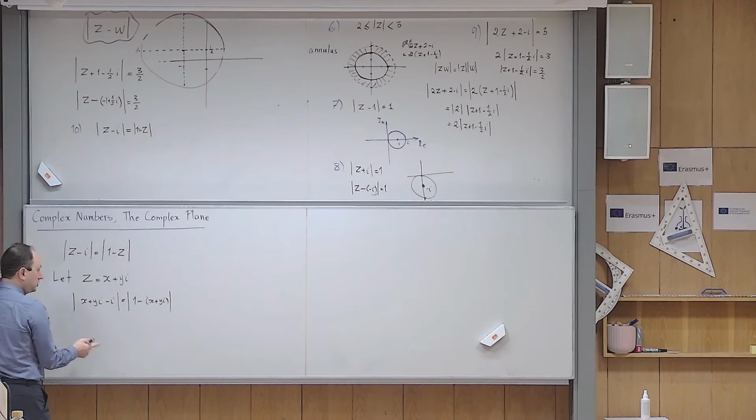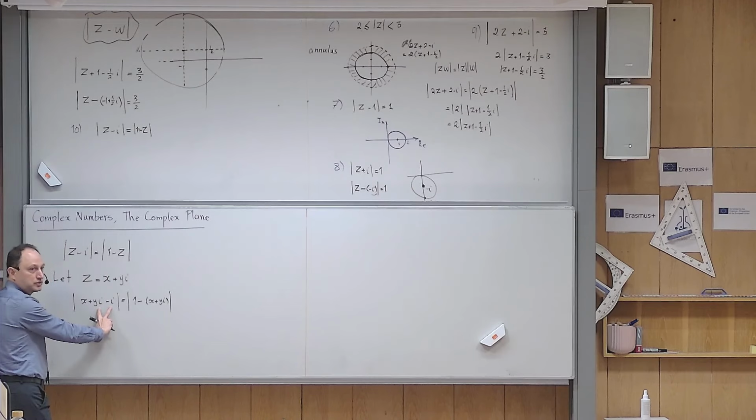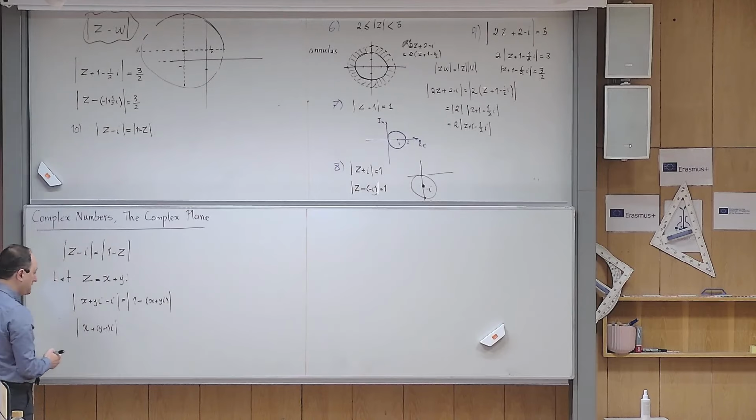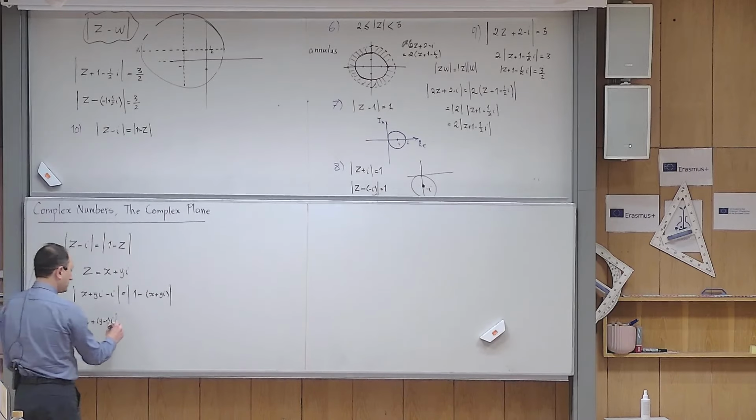I hope that you know, if you want to calculate absolute value of a complex number, that complex number should be written in a standard form. This is not still in a standard form because I see i in 2 places. So this should motivate you to write the real part, but you need to factor the i out. So now it is in a standard form. If I ask you what the real part is, you will tell me x, and what the imaginary part is, y minus 1. Okay, so far so good.